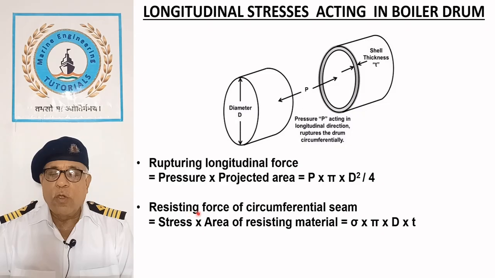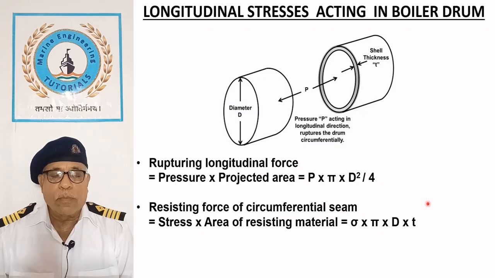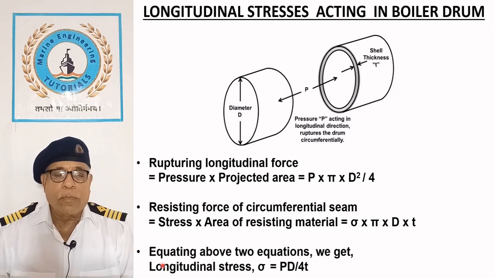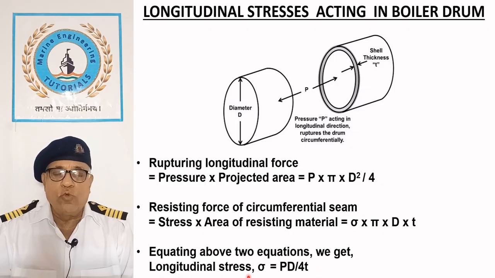Resisting force of the circumferential seam is equal to stress into area of the resisting material, which is equal to sigma into pi into d into t. Equating the above two equations, we get longitudinal stress sigma is equal to Pd by 4t.